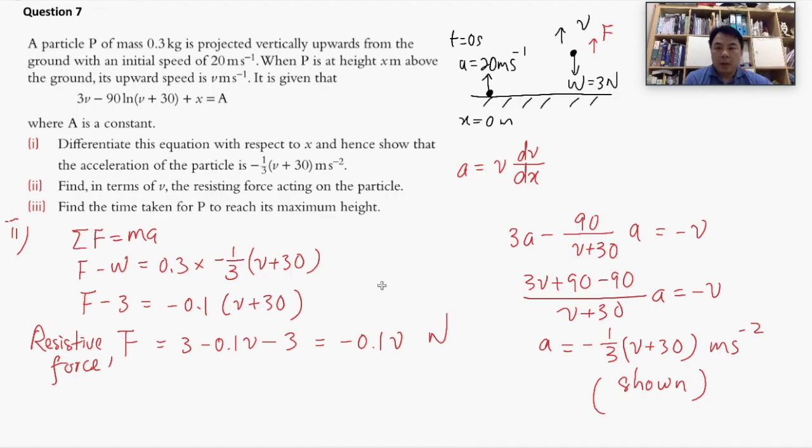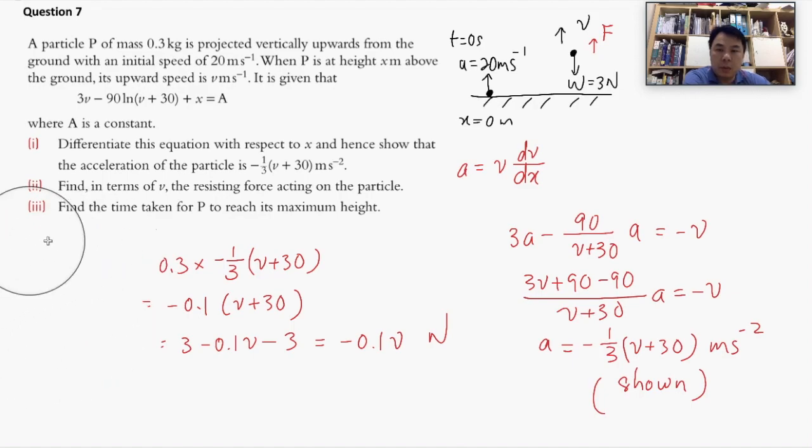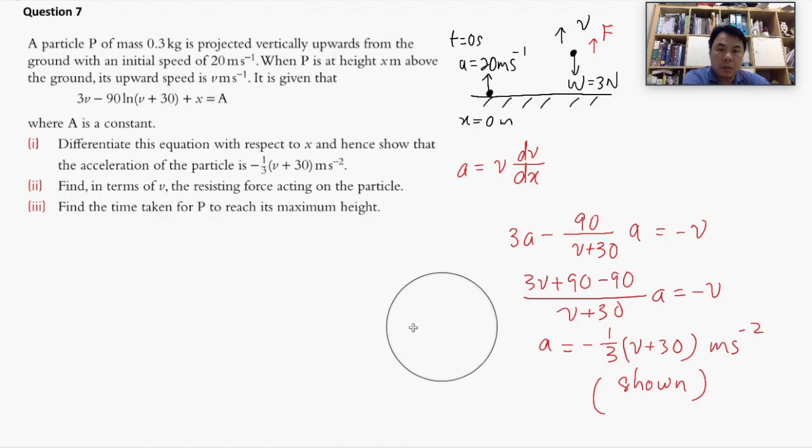Right, now lastly, we need to find the time taken for P to reach its maximum height. Okay. Right, now let's see what we have here. We're going to work with number 3 now.